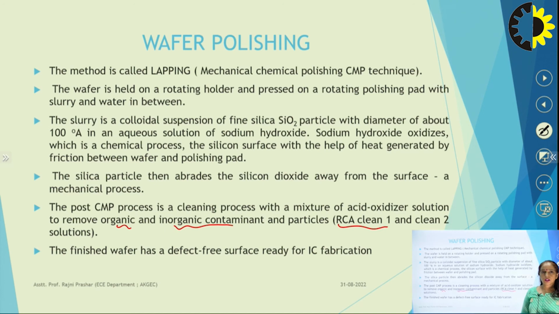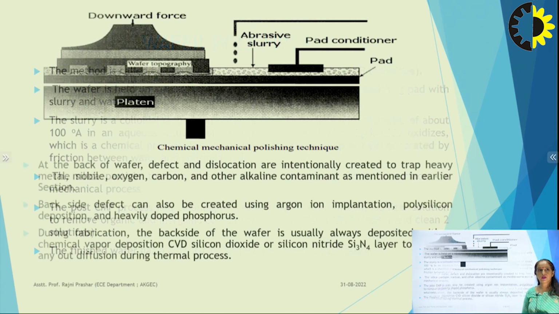The same cleaning solution, that is HNO3 and HF and acetic acid, those chemicals are used in the RCA clean 1 and RCA clean 2 processes. And then the wafer which we get after this polishing technique is free from defects and is ready for IC fabrication.